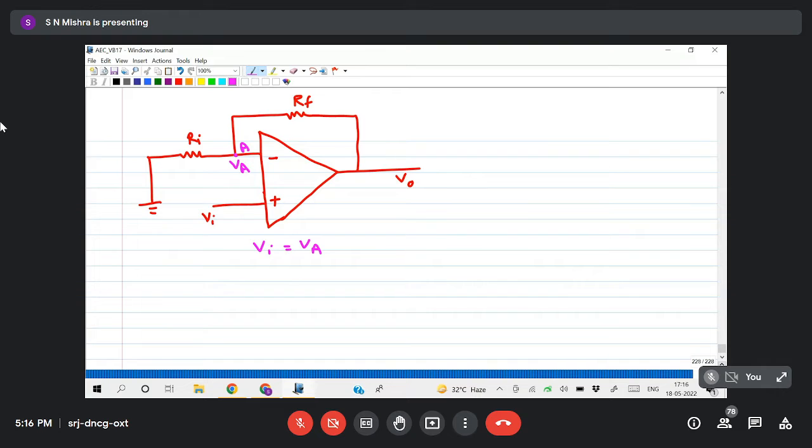Then in the same way we can find, let us assume current I1 is flowing and no current is flowing into the op-amp, so I2 current is flowing across the feedback loop. So apply KCL at point A, and I get I1 equals I2.